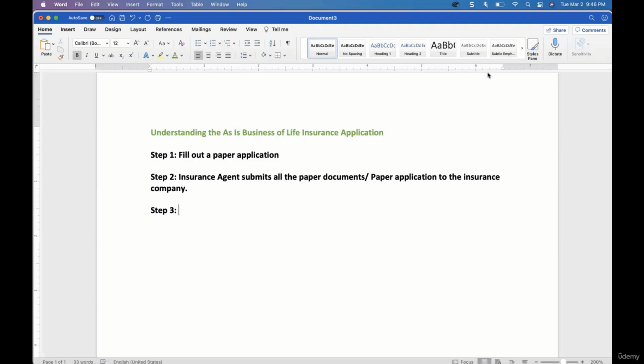Nope. Does the underwriter pick up the paper application to review? Well, he's not going to pick it up to review it. I'm thinking if it's already in the system, then that's the next step, no? When did I say it's in the system?